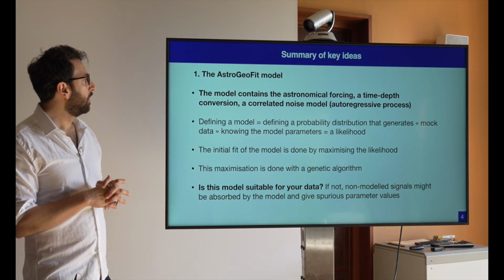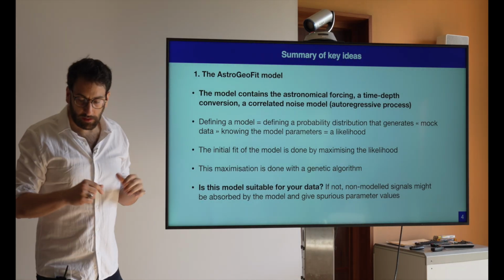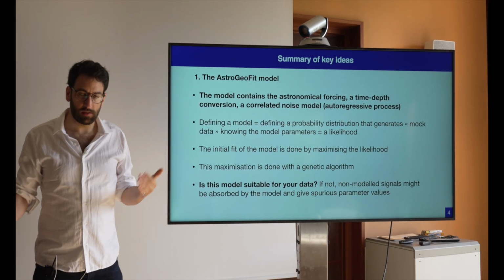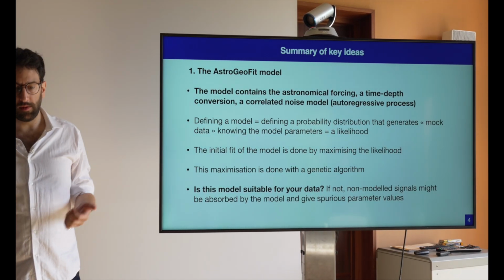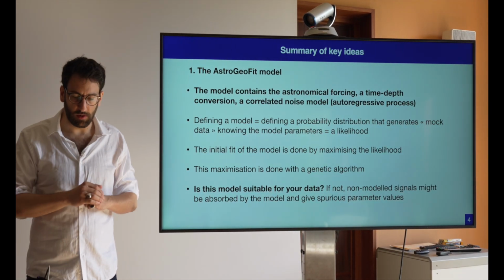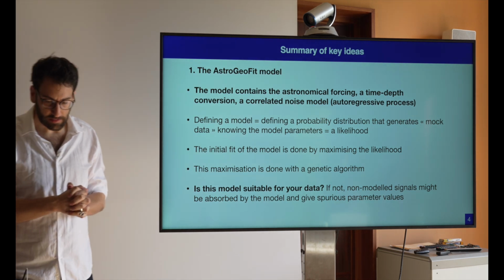The first day we saw the AstroGeoFit model, and that it has three key ingredients: the astronomical forcing, which is a sum of periodic functions, a time-depth conversion parameterized by knots, and a correlated noise model, which is an autoregressive process.